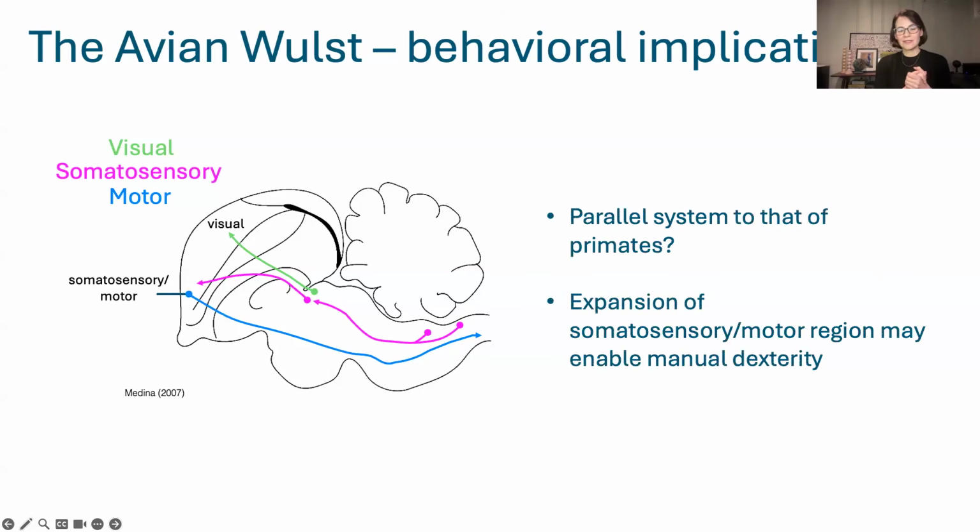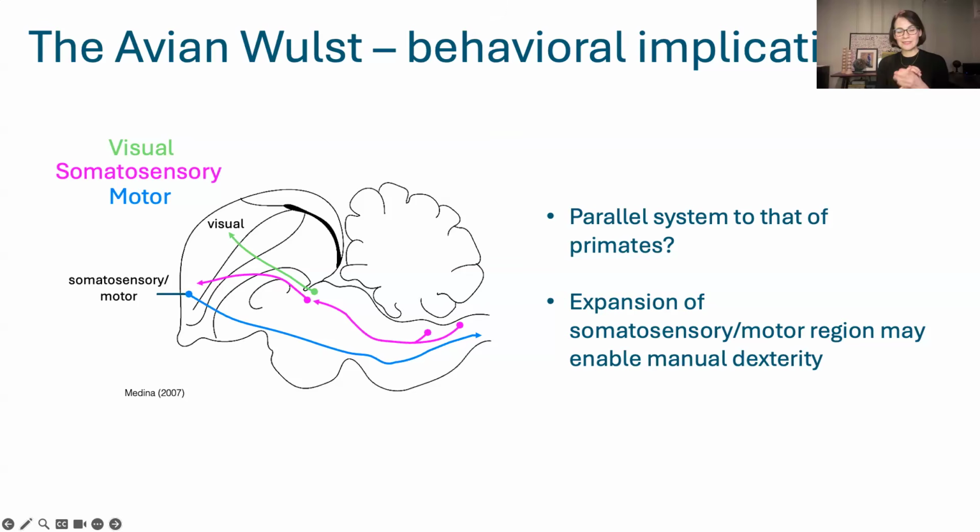This is almost exactly how we as humans have very dexterous hands. It's because we have these direct pathways from the cortex to the spinal cord, controlling the muscles that control the hands.